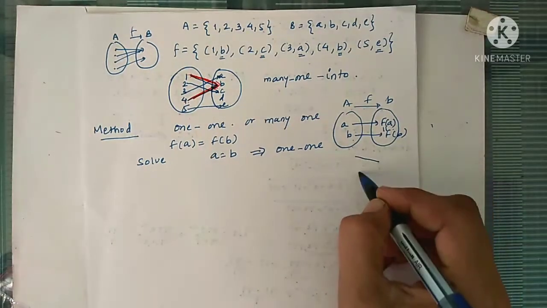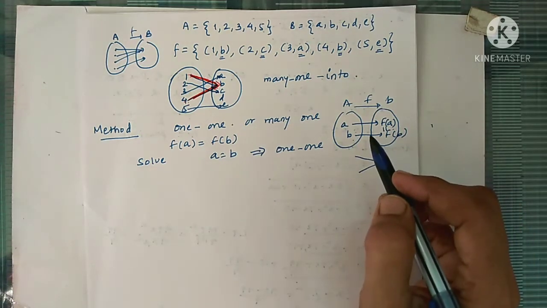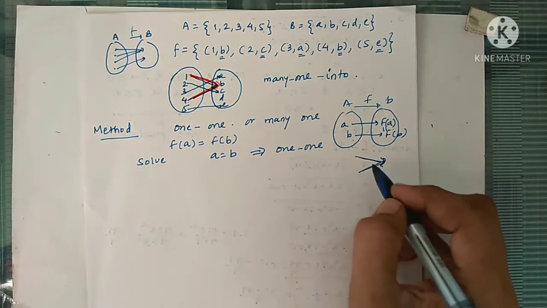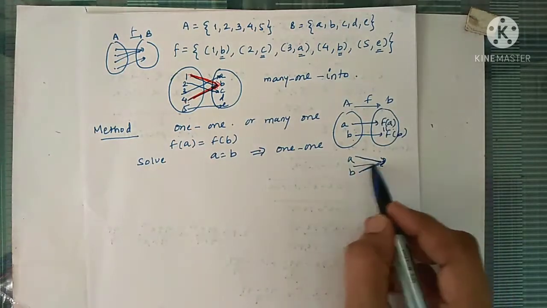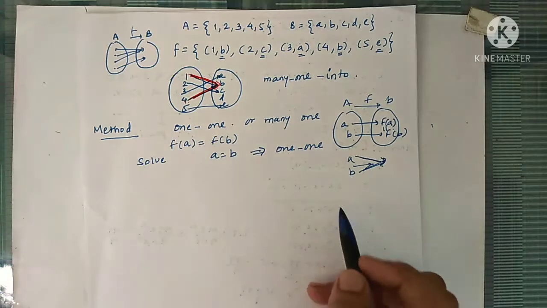If a and b have the same image, and by solving it implies a equal to b, that means we don't have two arrows. Since a equals b, it becomes only one arrow, so the function becomes 1-1. So that's why the method is like this.